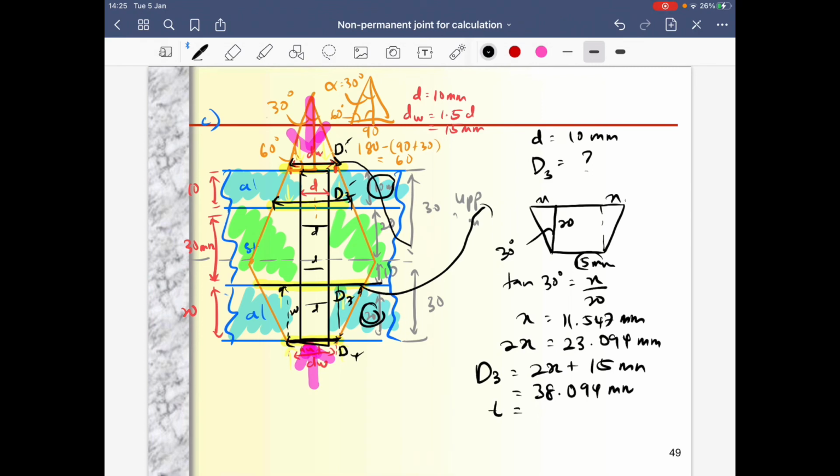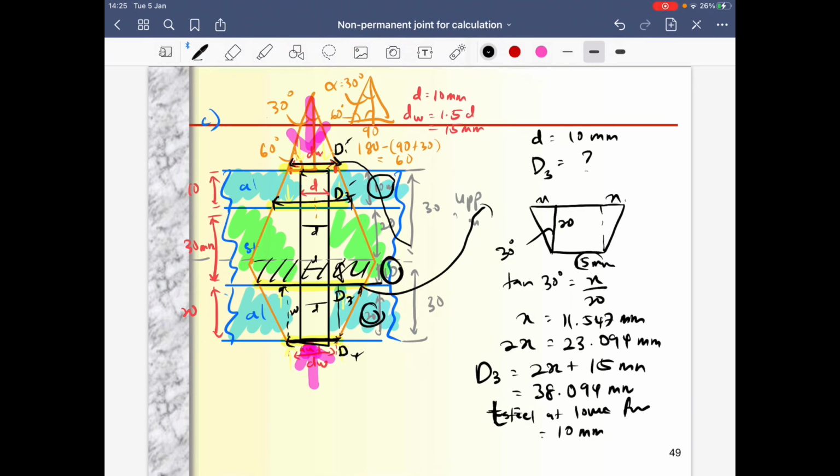Should we take 20? No, we cannot. The thickness is this thickness here. The thickness for steel at the lower frustum, as you see here, this is the lower frustum for steel. So the thickness is 10 mm.